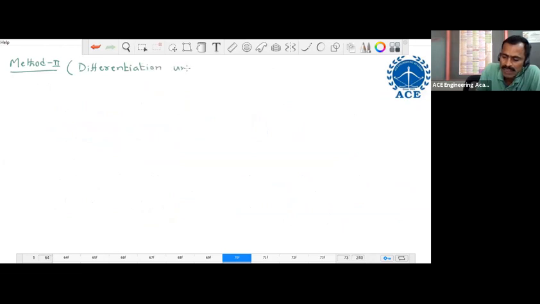Using this technique, we try to eliminate the 1 by x function inside the integral and then we evaluate them.